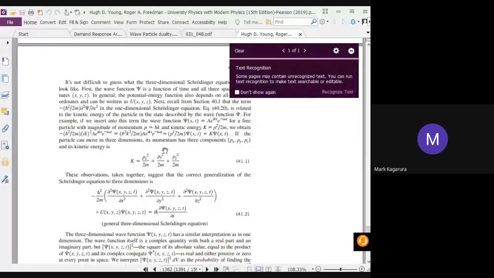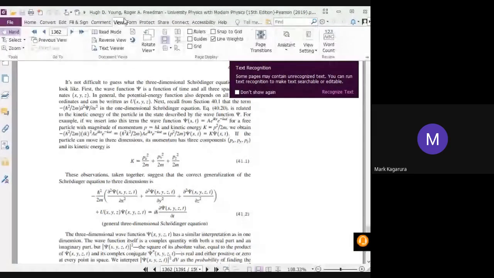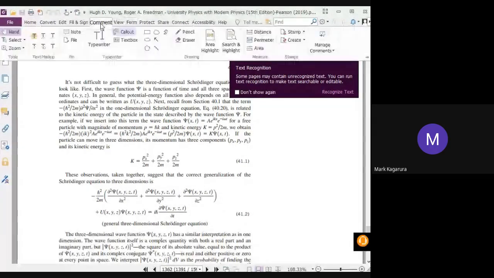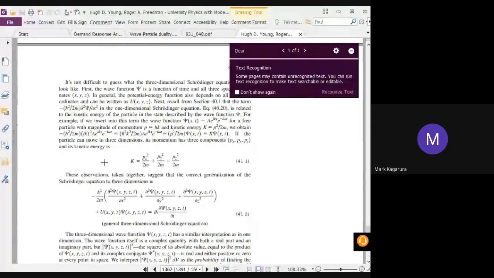So the screen will be showing up soon. It has now. So this is the whole summary. They're referring to section 40.1, yes.